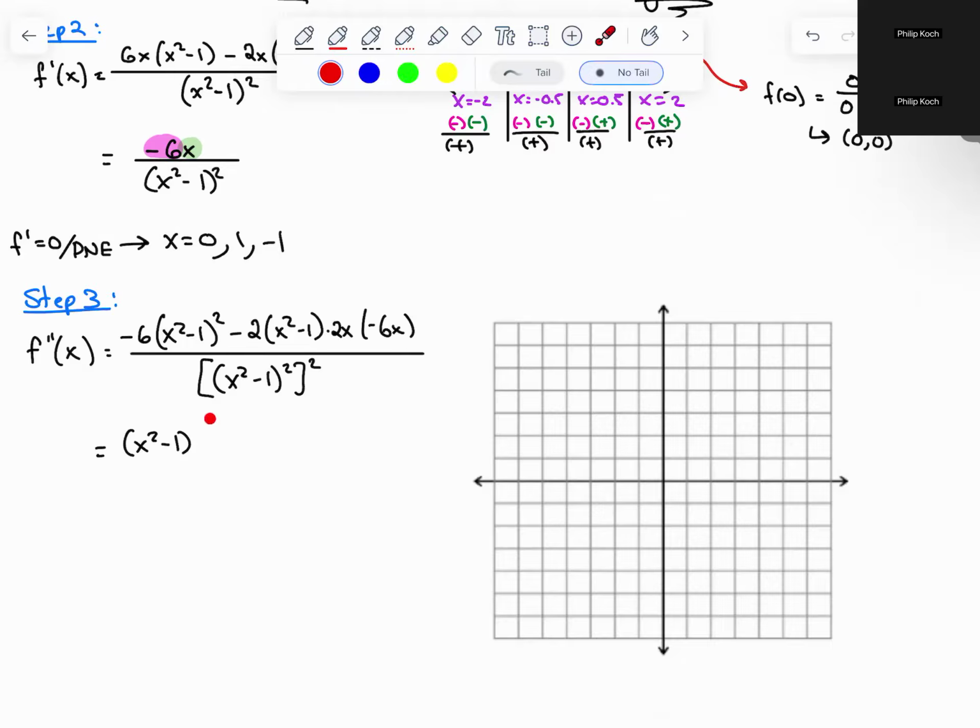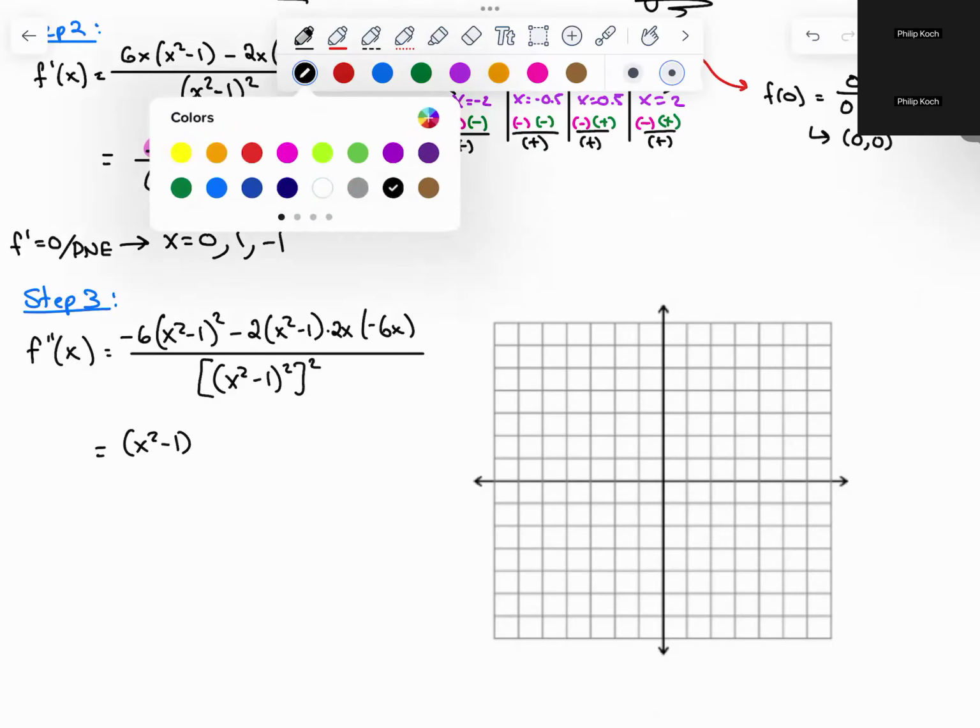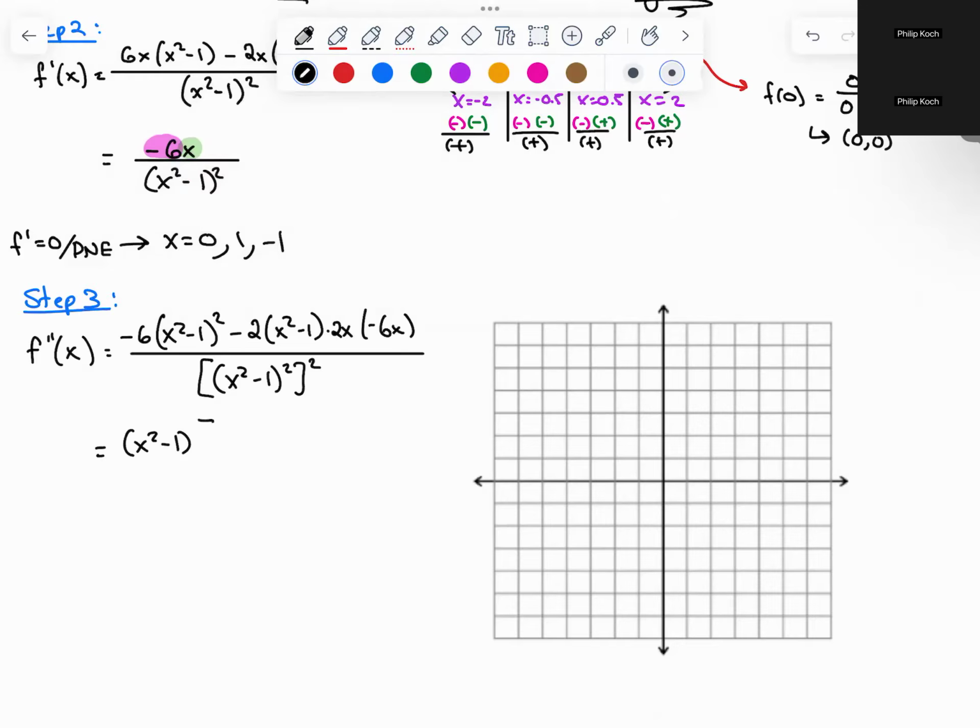So when I do that bracket, I factored it out. So I have a negative 6 times an (x squared minus 1) minus a 2 times a 2x times a negative 6x, all divided by (x squared minus 1) to the 4th.